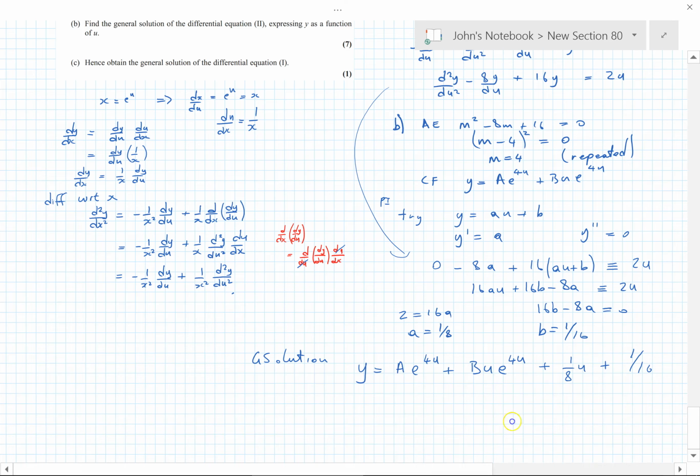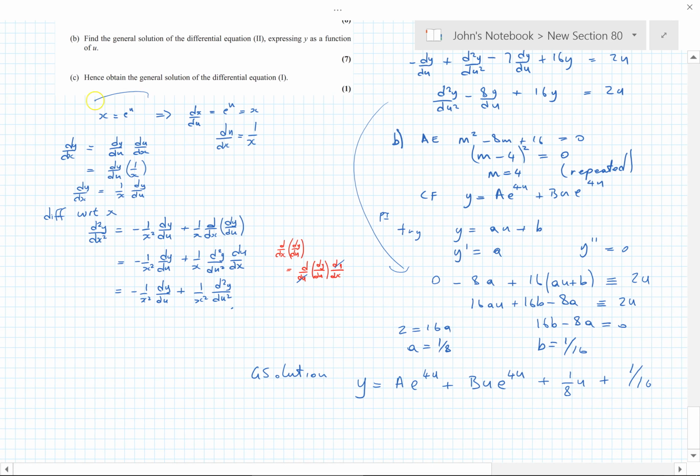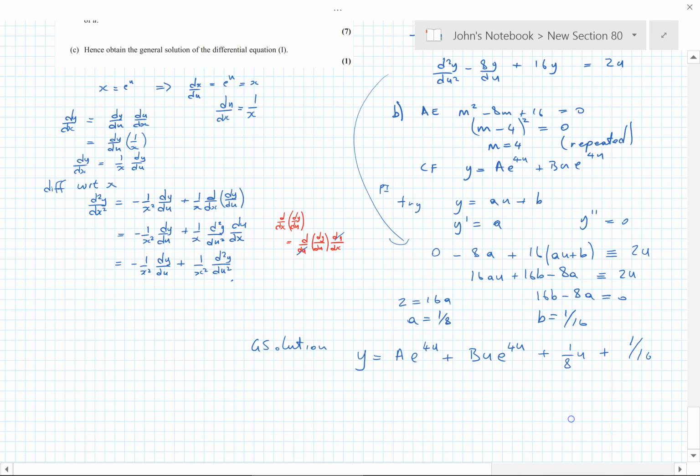But don't forget that we had this substitution right at the beginning, so we need to have it in terms of x. So y equals a e to the u to the power 4, plus b u e to the u to the power 4, plus 1 over 8 u, plus 1 over 16.